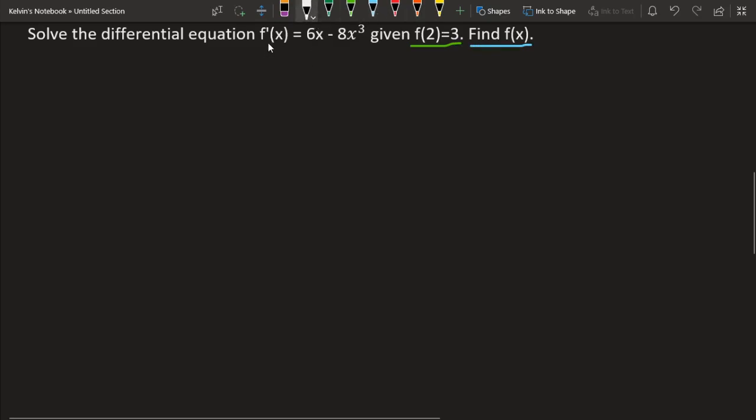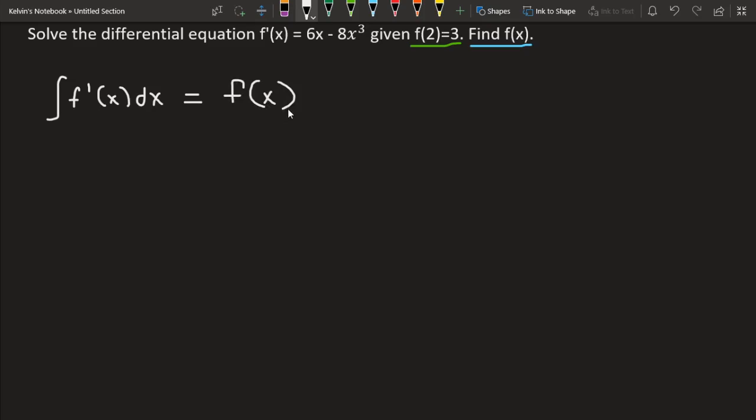And in order to go from f prime of x to f of x, we need to integrate. So the integral of f prime of x with respect to x is equal to f of x. So we can replace this with the integral of 6x minus 8x cubed with respect to x is equal to f of x.